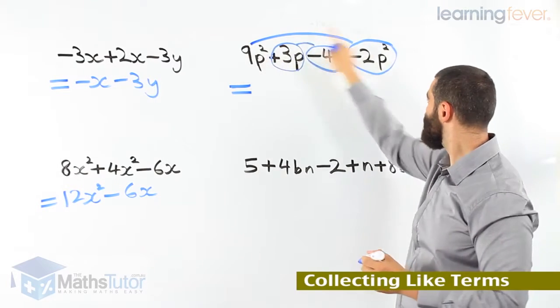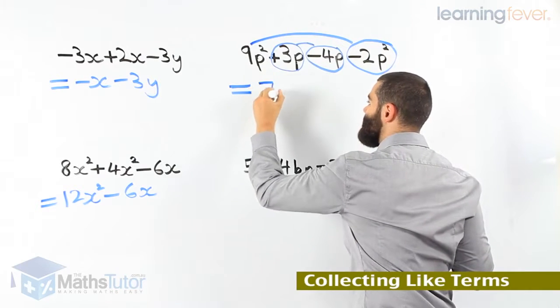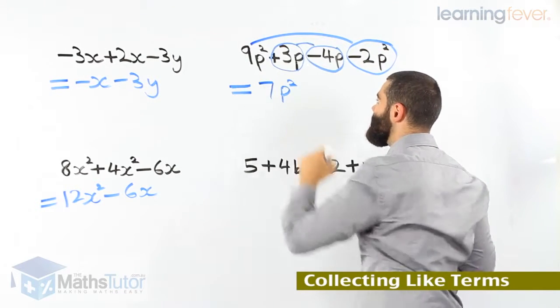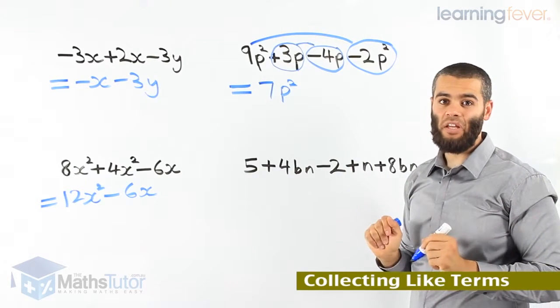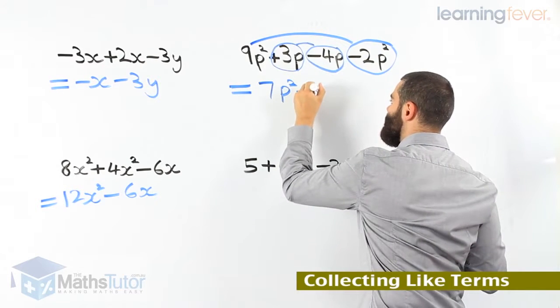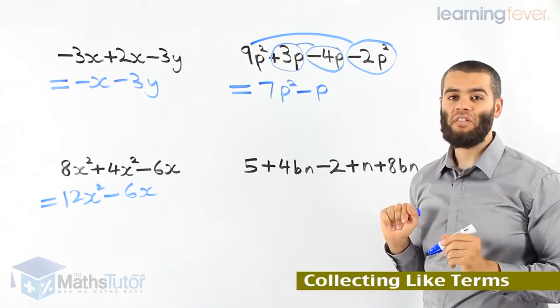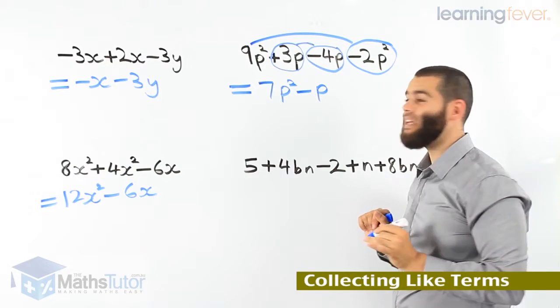So 9p squared minus 2p squared: 9 take away 2 is 7p squared. And 3p minus 4p: 3 take away 4 is negative 1p, or just negative p.